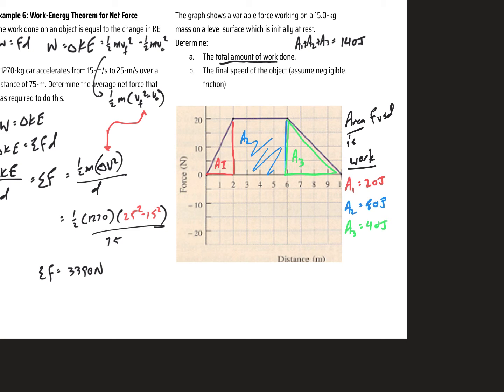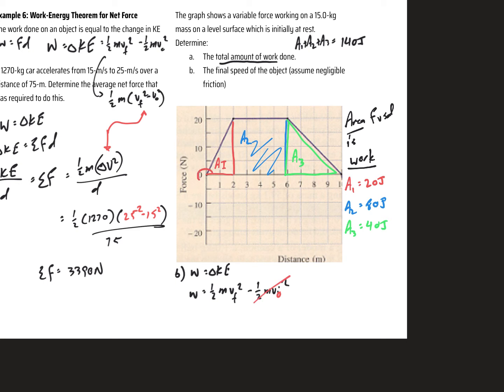The final speed of the object, we can do that the same kind of way. So for part B, we know that work is a change in kinetic energy. And we know that the work, we can write it this way, is 1/2 mvf squared minus 1/2 mvi squared. Or initial, sorry, here's my O. And what we know happens here is that there's no initial velocity, right?